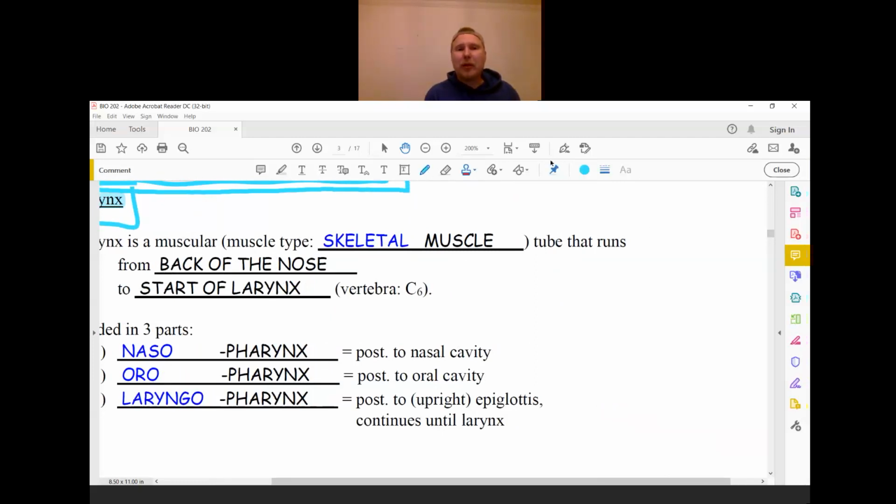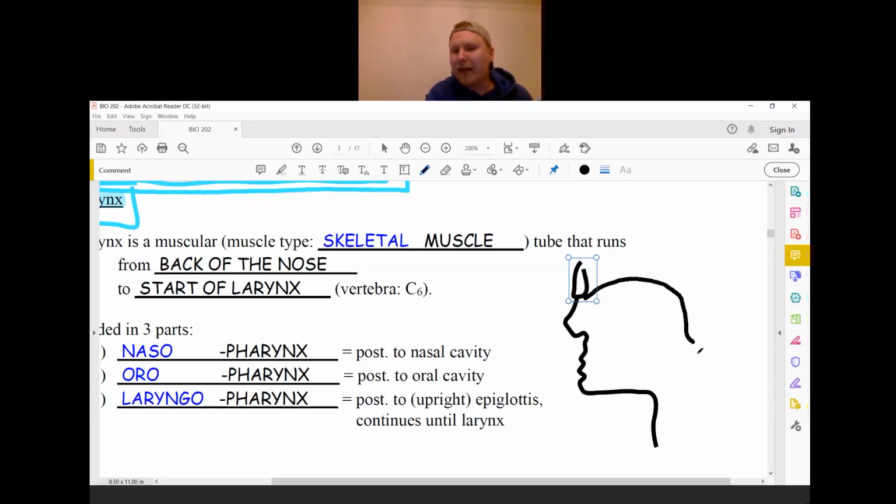So again, let's do a quick sketch of structures that we already are familiar with. The eye socket there, the nose there, mouth, our nasal cavity taking shape there nicely, the floor of the nasal cavity, the palate, and then let's draw the oral cavity for the sake of consistency.